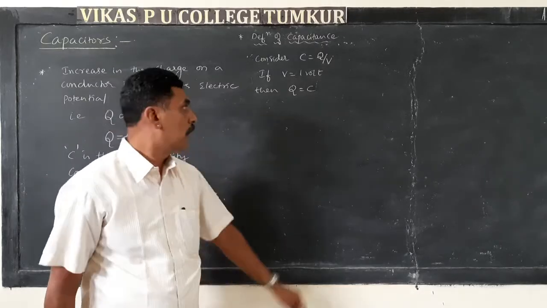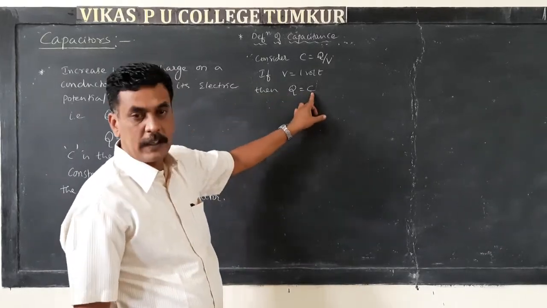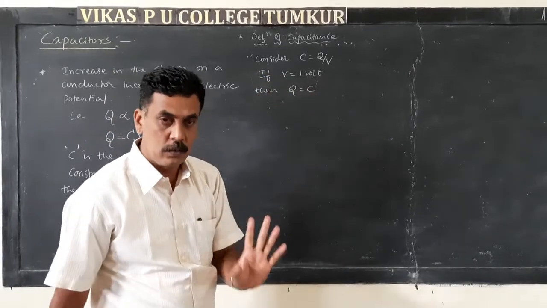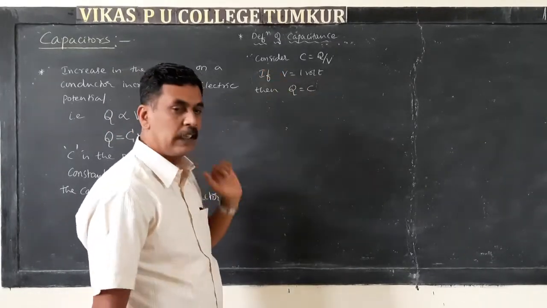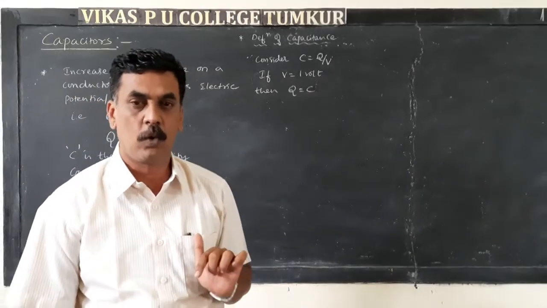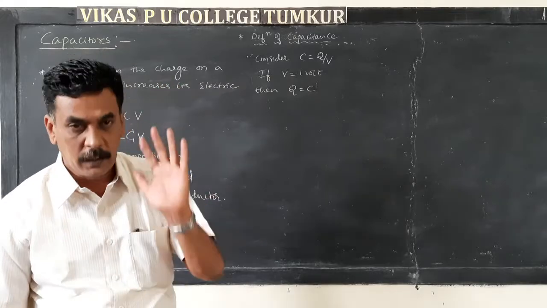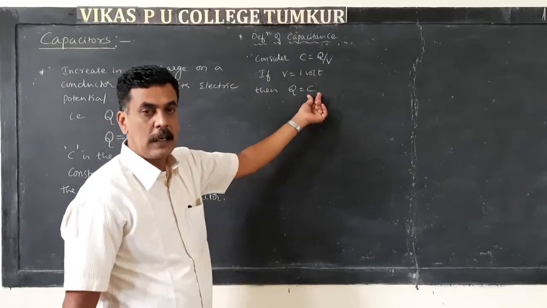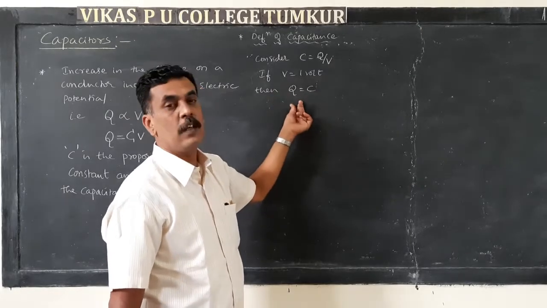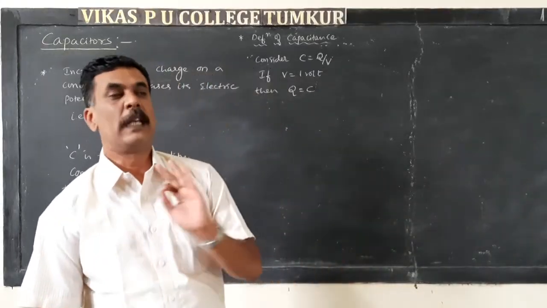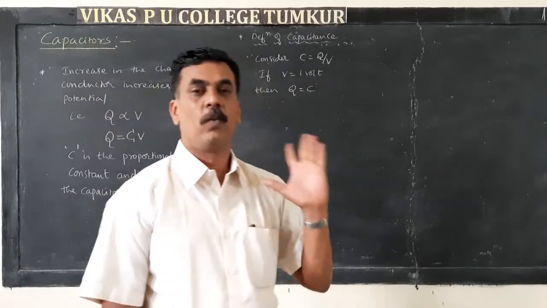Capacitance of a conductor is numerically equal to the charge required to raise the potential of a conductor by 1 volt. I repeat, capacitance of a conductor is equal to the charge required to raise the potential of the conductor by 1 volt.